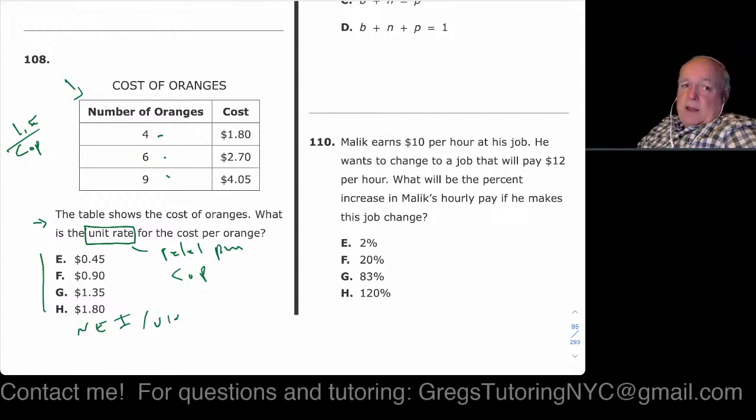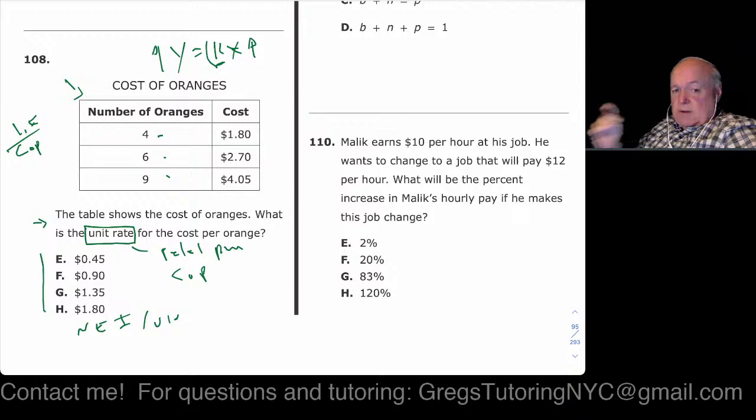Okay. Remember, we're dealing with y equals kx. K is the constant of proportionality. It means when x increases, y is going to increase at the same rate. What rate? K. So that's our unit rate. So that hint is telling us there's something in here that needs to be true.